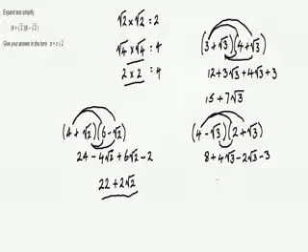So again, number, roots, number. So 8 minus 3 is 5. Now I've got 4 root 3 take away 2 root 3s.